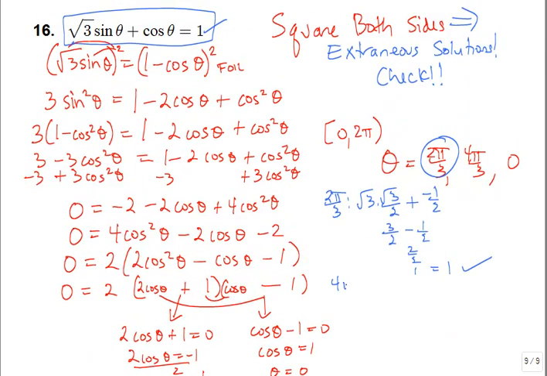Okay, let's try 4 pi over 3. Now when you plug in 4 pi over 3, you get square root of 3 times the sine of 4 pi over 3. Now 4 pi over 3 is in quadrant 3, so the sine value is still going to be a root 3 over 2, but in quadrant 3 sine is negative. So now it's a negative root 3 over 2. Cosine of 4 pi over 3 is still negative 1/2.